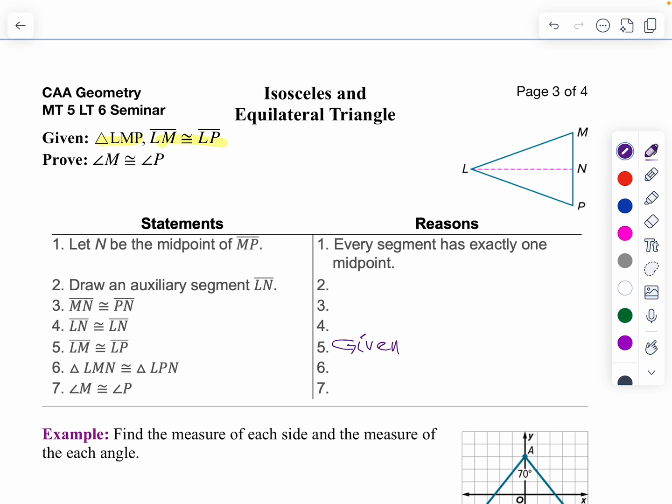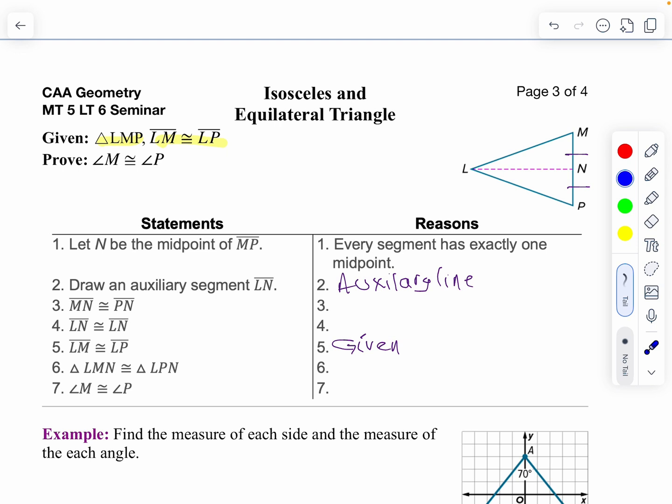Then we're going to put N right in the middle of MP because we can draw that in however we want. That's your auxiliary line. The reason is auxiliary line. Maybe you might want to say 2 points determine a line, because my line is going to go through L and N.